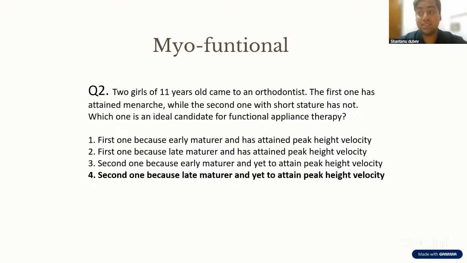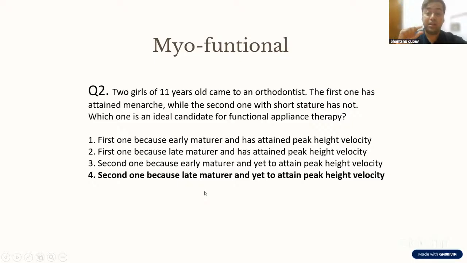So we have this doubt: is she an early maturer? The second hint that they give is that the patient is of short stature. If she was an early maturer and has a short stature, these three things don't fit together. So the best patient would be that she is a late maturer.